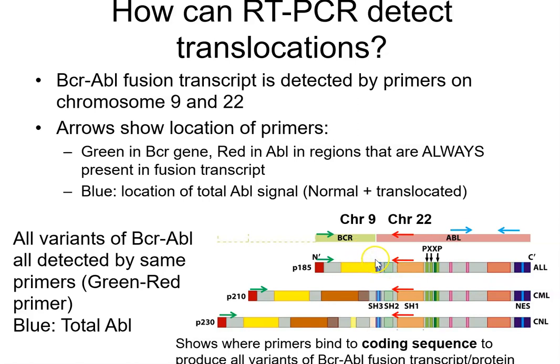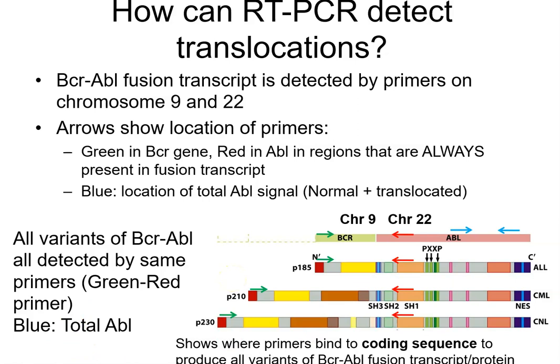In all of these examples, this point onwards to here to the C-terminus is the ABL oncogene protein. So this is the last few exons of the ABL gene fused with the first few exons of the BCR gene, and that differs depending on where the breakpoint occurs.